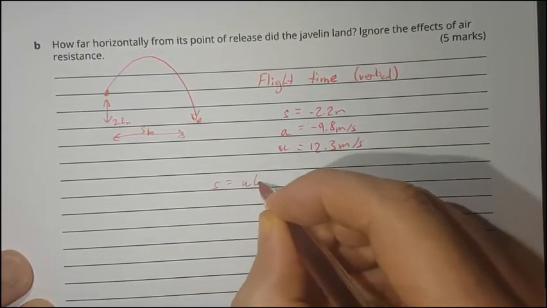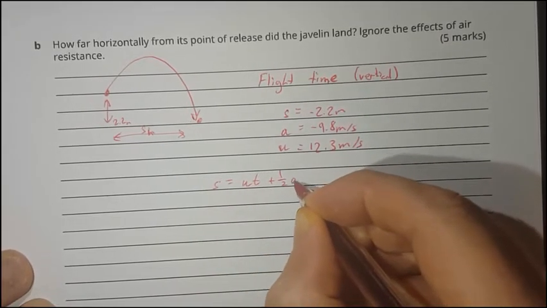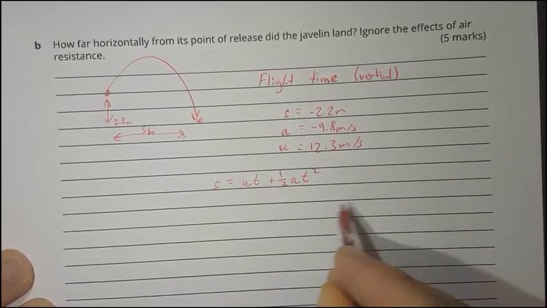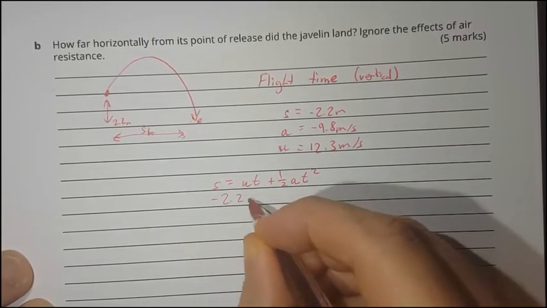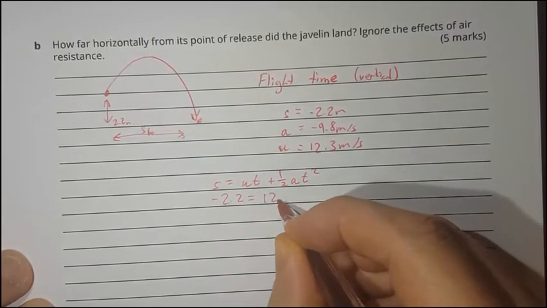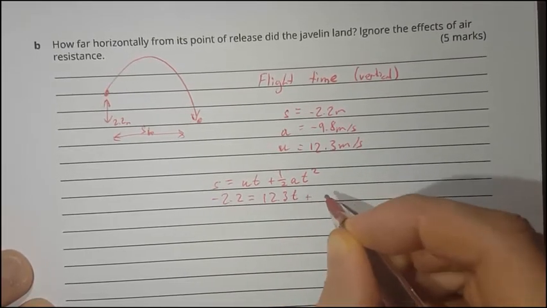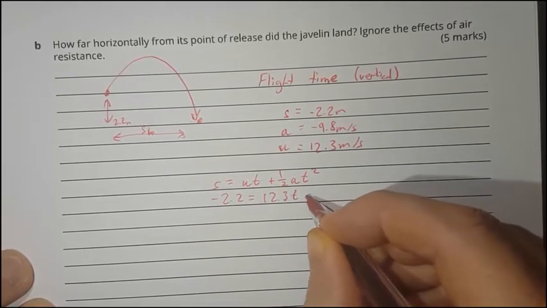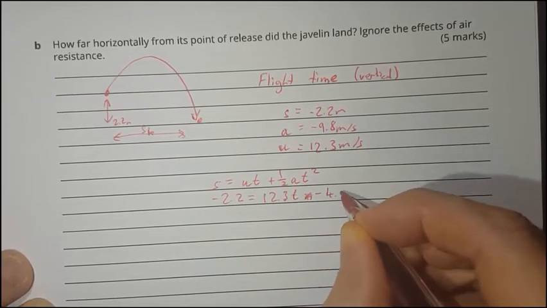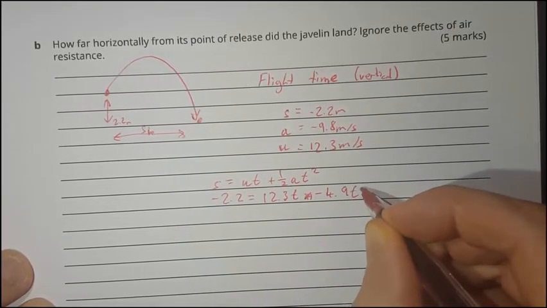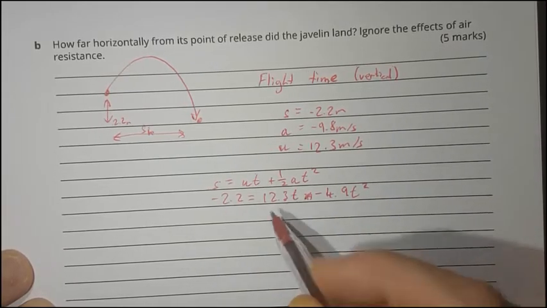Now we can chuck that into our equation of motion: s equals ut plus a half at squared. Putting all of our variables in, s is negative 2.2, which is equal to 12.3t plus negative half a, so negative 4.9t squared.